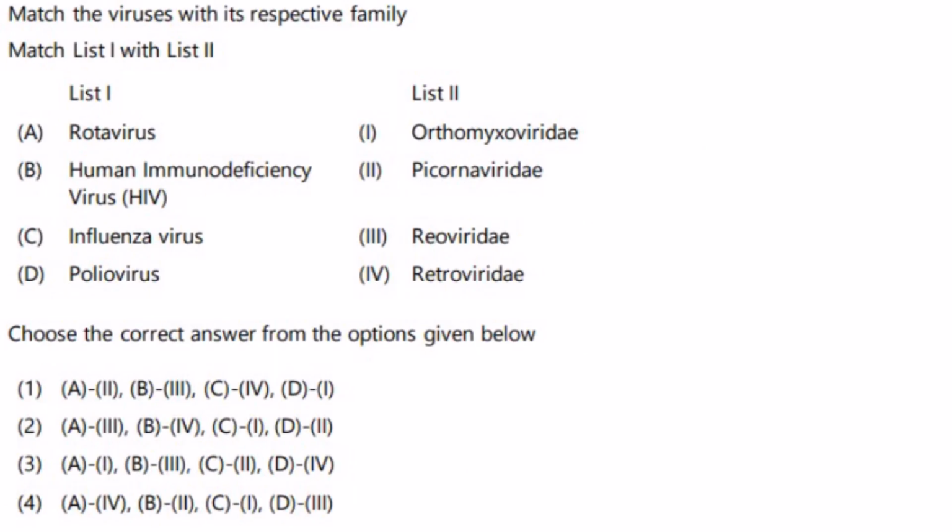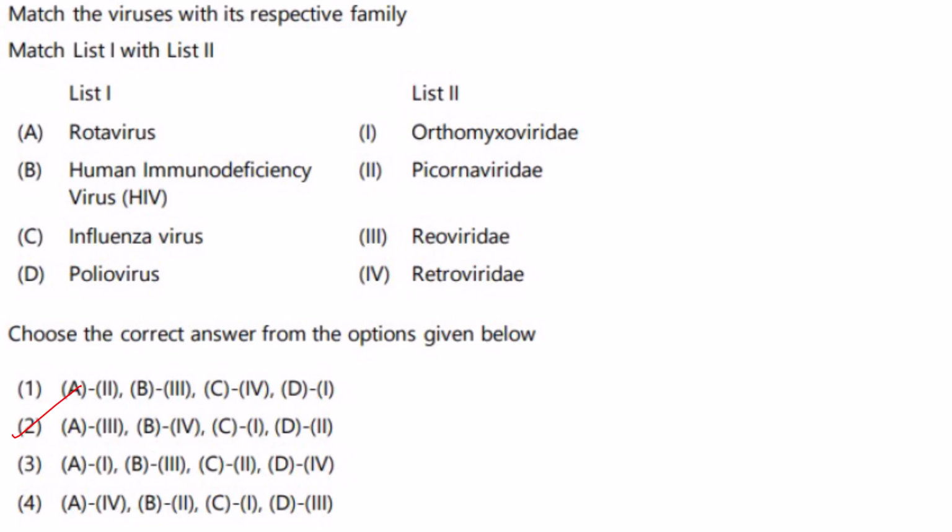Now next one, match the viruses with their respective family. So rotavirus, it is Reoviridae, A3. Okay, A3 is there only in option 2. So happily option 2 is your answer. HIV, it is Retroviridae.